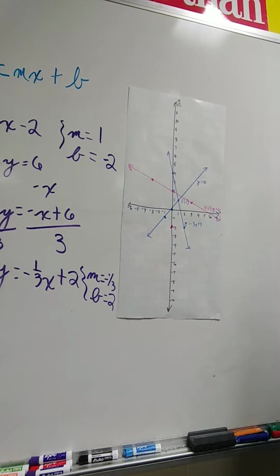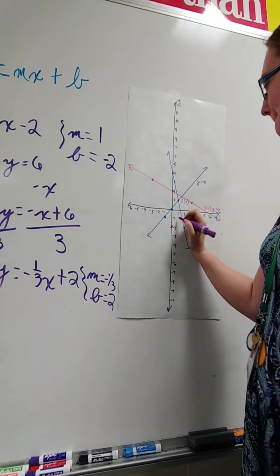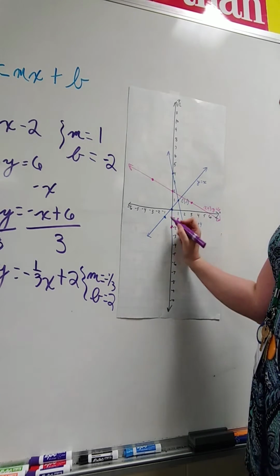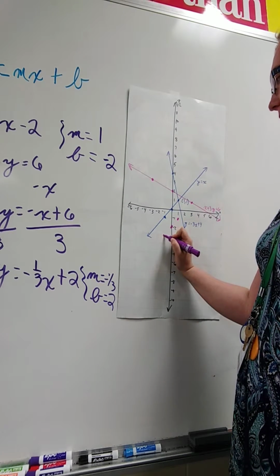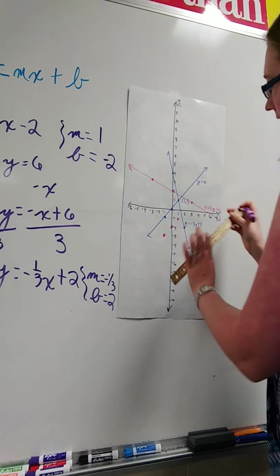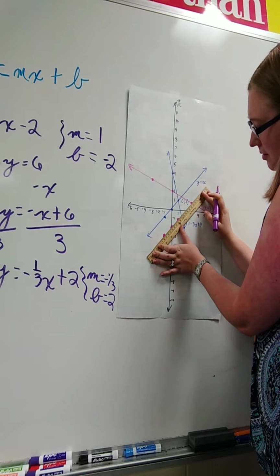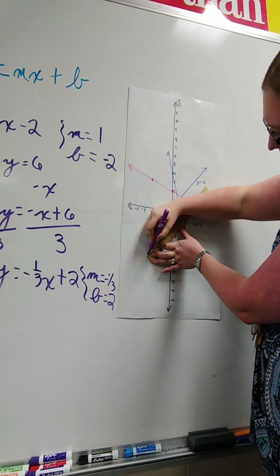And my slope of 1 tells me that I need to do what? Up 1, over 1. And I'm going to go down into quadrant 3. Down 1, left 1. And I'll go ahead and graph that line.